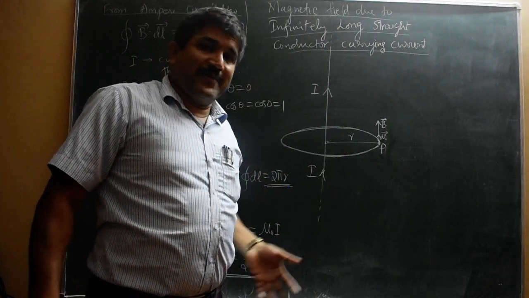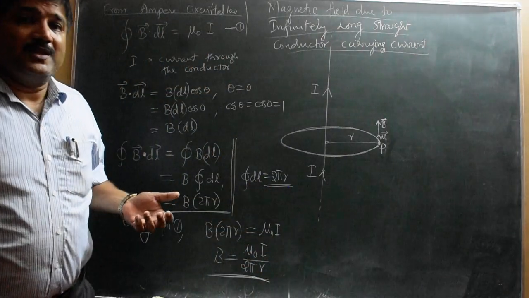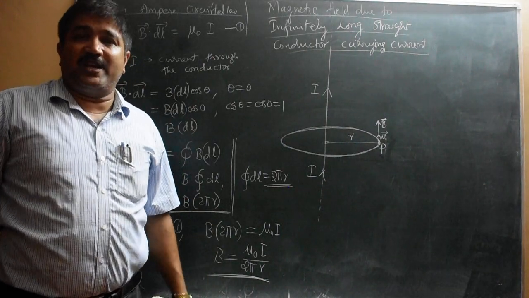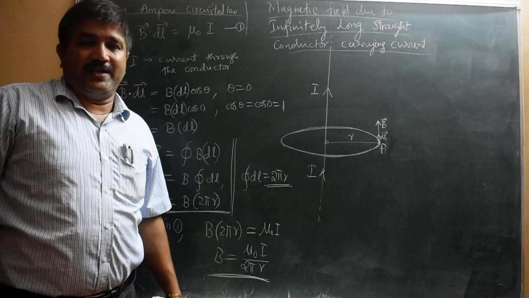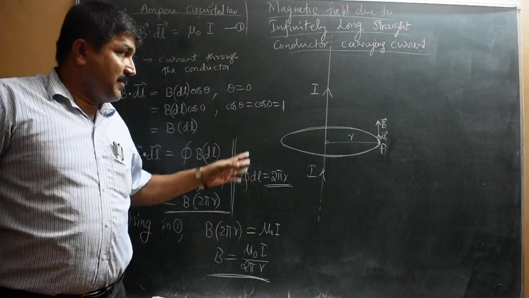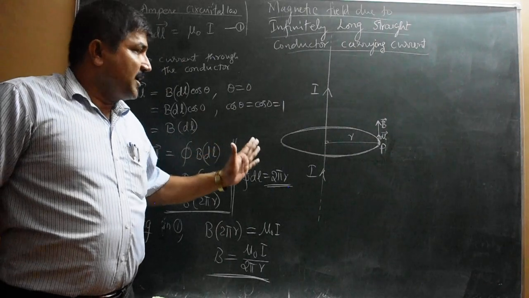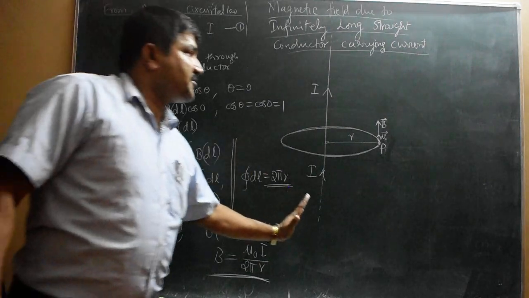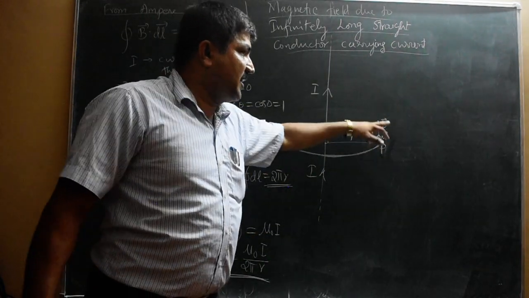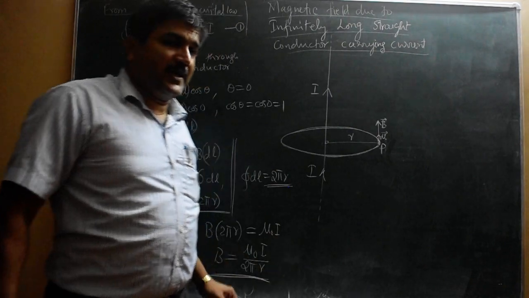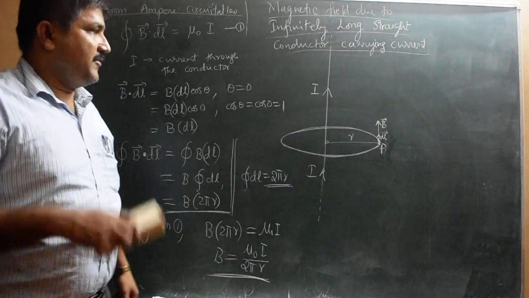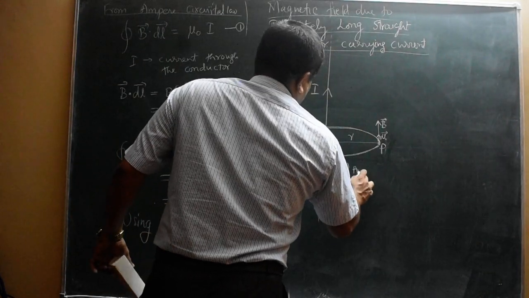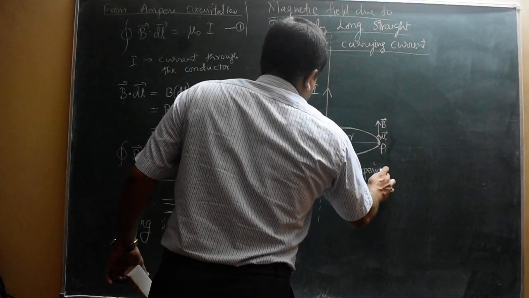In the previous class I derived the magnetic field due to a circular loop, and hence found the magnetic field due to a circular coil of N turns. Here I find the magnetic field due to an infinitely long straight conductor carrying a current I. We find the magnetic field around it at any point P at a distance r from the conductor, and we assume an Amperian loop as a circular loop, just for the sake of derivation.